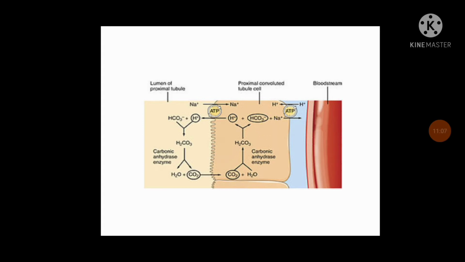This bicarbonate is reabsorbed into the bloodstream. This is how most of the filtered bicarbonate is reabsorbed by the secretion of H plus ion, and almost 65% of the bicarbonate gets reabsorbed in the proximal convoluted tubule.